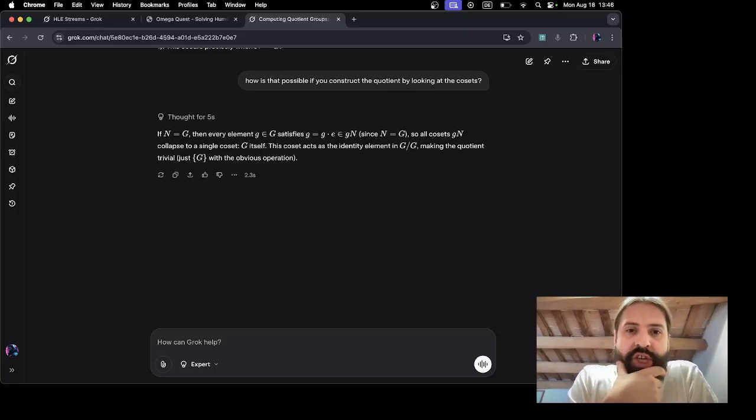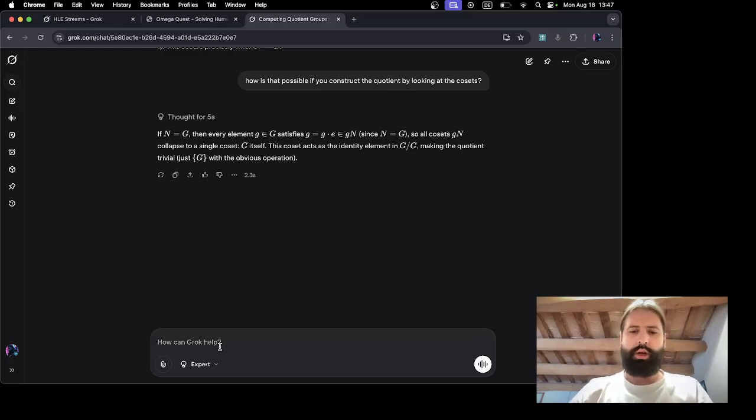So if N equals G, every element g satisfies g equals g times e. Oh, okay. So essentially all the cosets are isomorphic, and essentially it's G. Then every element g satisfies this operation, so all cosets gN collapse to a single coset.